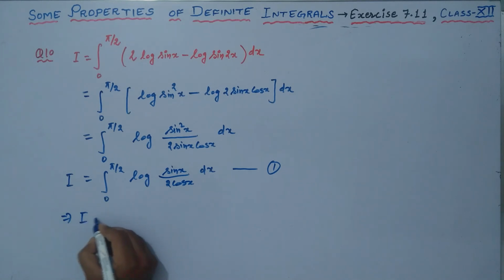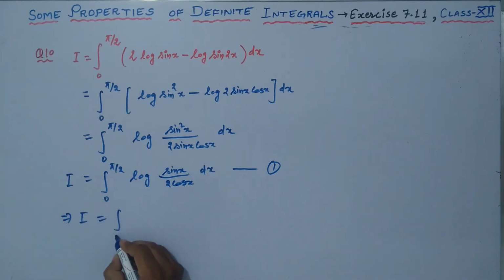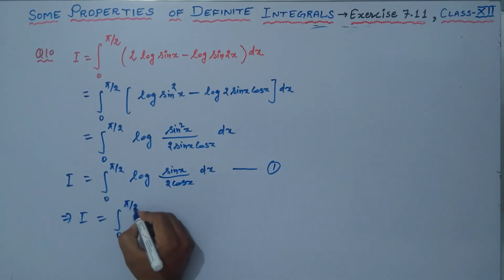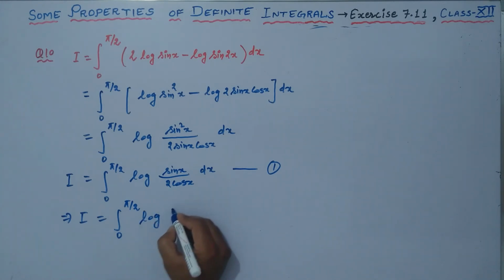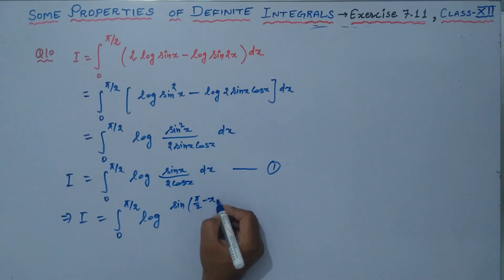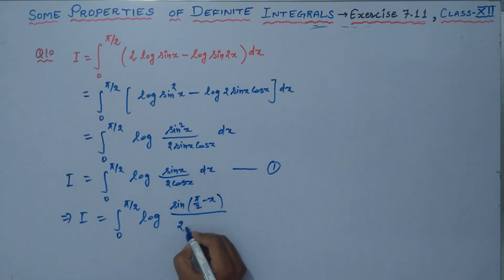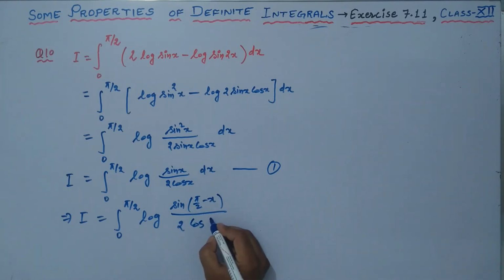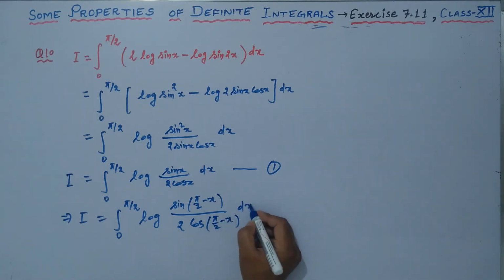This becomes I is equal to integral 0 to pi by 2 of log of sine of pi by 2 minus x upon 2 cos of pi by 2 minus x into dx.